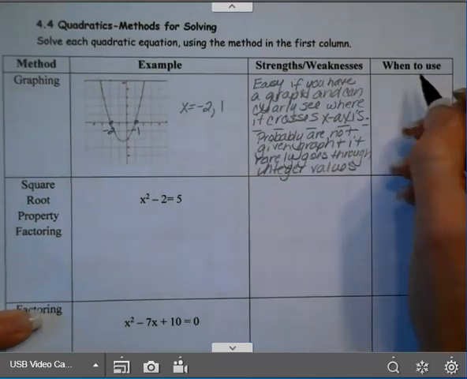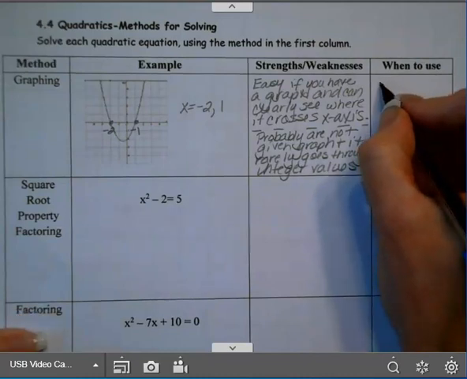When to use this? I would only bother with this if I am given the graph.